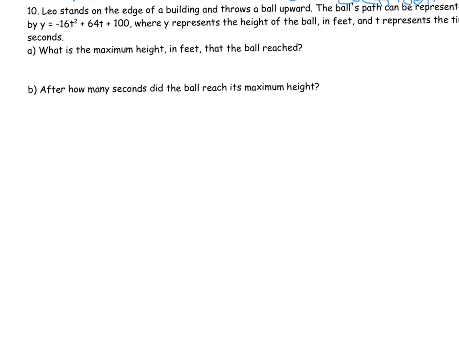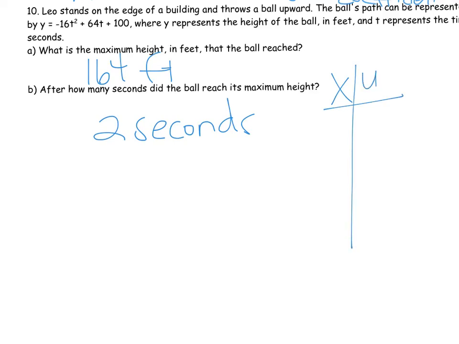So what is the maximum height in feet the ball reached? It was 164 feet. After how many seconds did the ball reach its maximum height? After 2 seconds. And you can tell that because of the table. All right, and I'm just going to copy some values down.